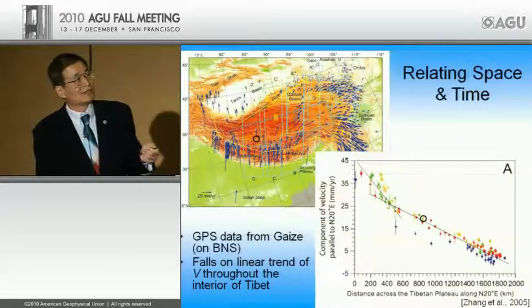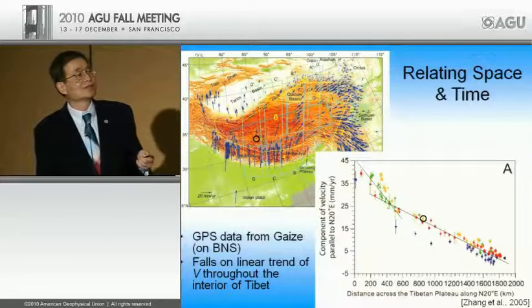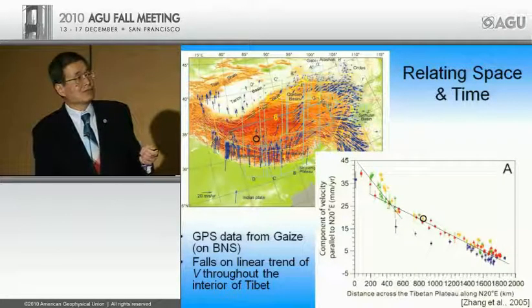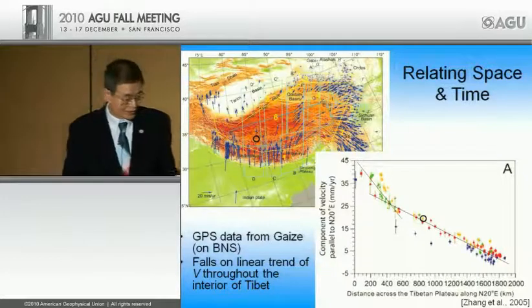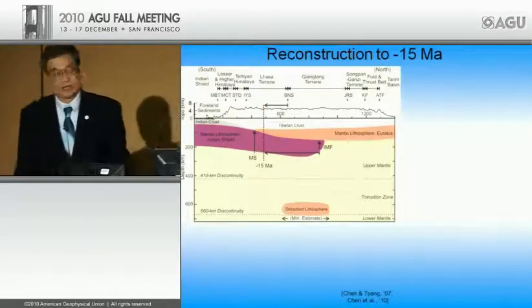This station is right here, Gaize. This is on the Bangong-Nujiang suture, the southern boundary of the Qiangtang terrane. So this is real data along our seismic profile during project Hi-CLIMB. And we have a lot of data on the northern edge of India, so we know how fast these things move on the surface. And this allows us to do a reconstruction.